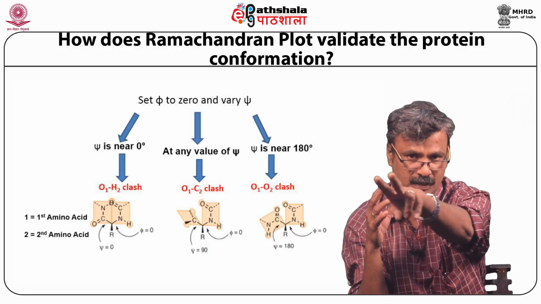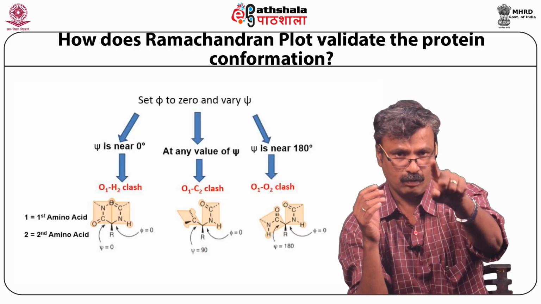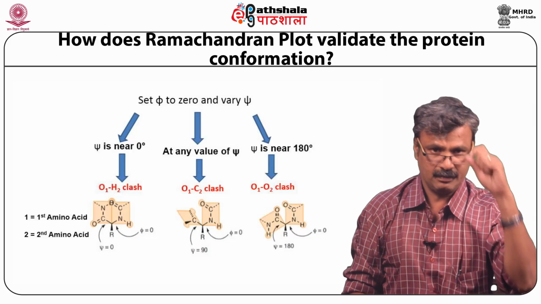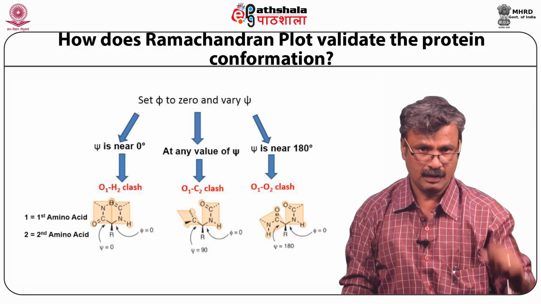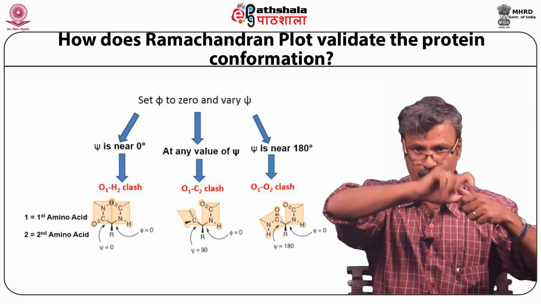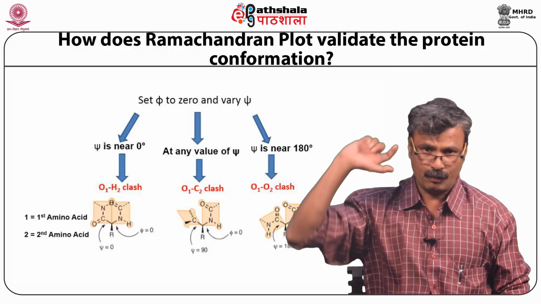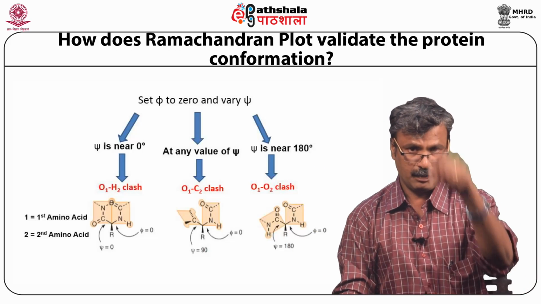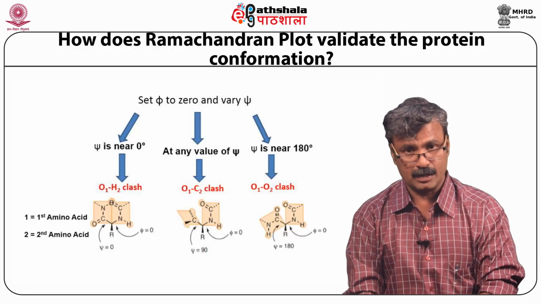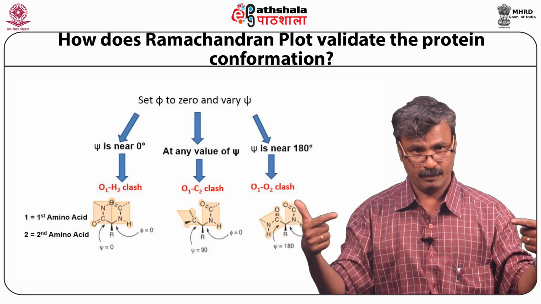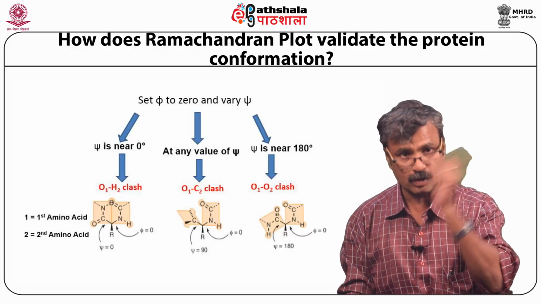In this picture you can see 3 strategies. Now the first strategy, phi torsion angle is set as 0 and psi torsion angle is varied. In another, psi is set to 0 and phi is varied. And then in the middle, this phi and psi combination will talk about only the backbone, whereas side chains are also important.